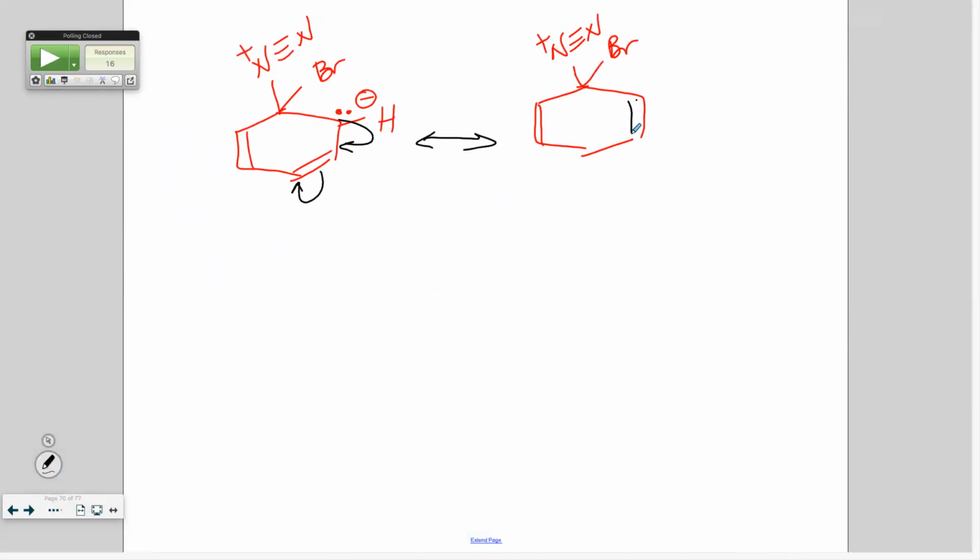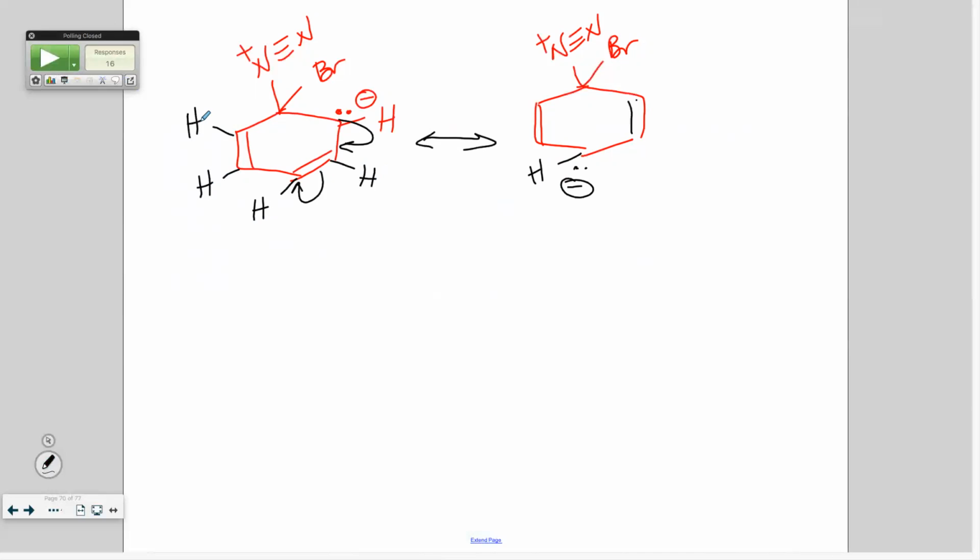I have a double bond, and on this carbon I have a negative charge. I'll draw that hydrogen in. The hydrogen was already there. Remember, every one of these has a hydrogen on it, just one, and the top carbon didn't have any hydrogens on it.